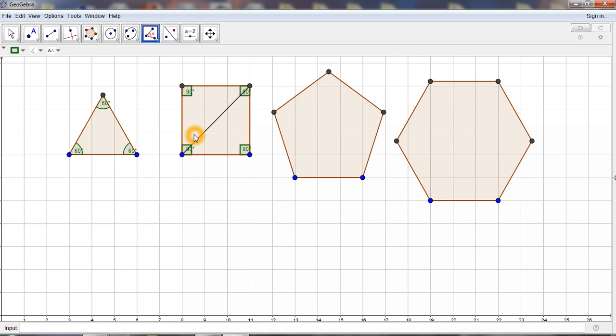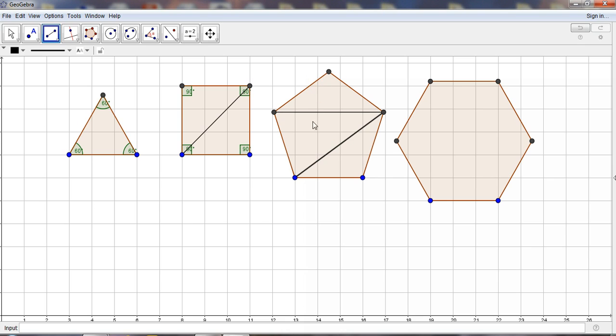Now let us divide our pentagon into enclosed triangles. Get the line segment, then we draw from that point up to here, and another line segment from that point up to here. We can now count the number of triangles in this pentagon.